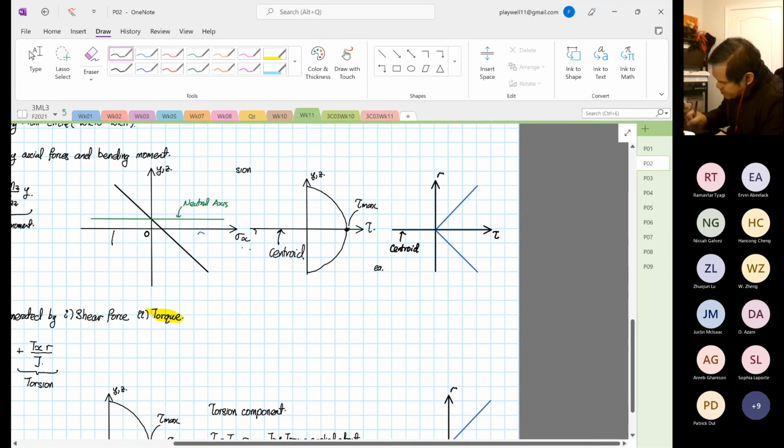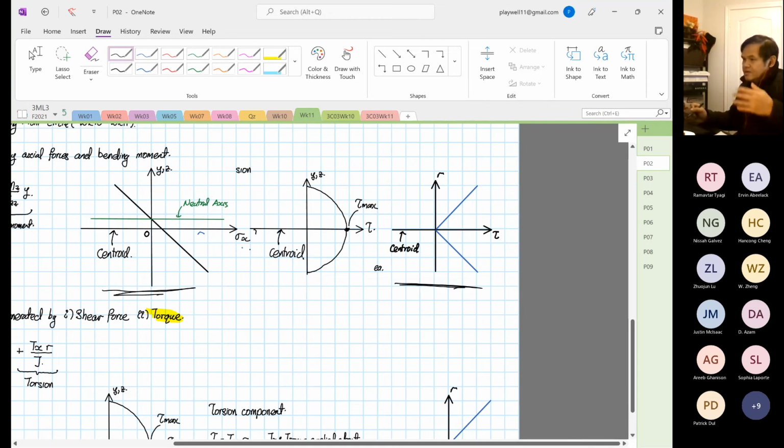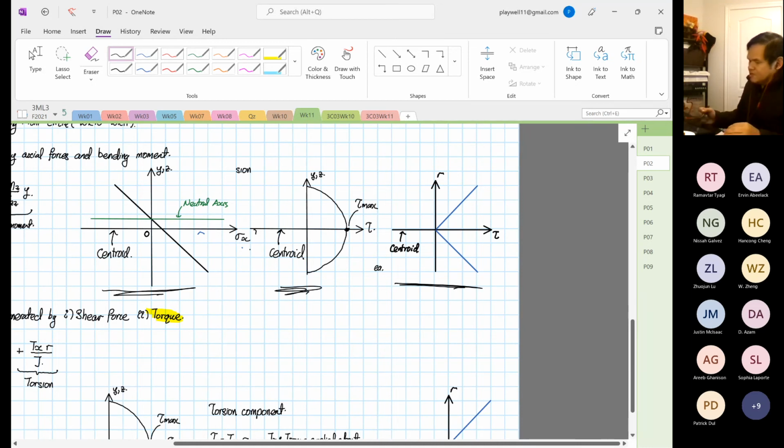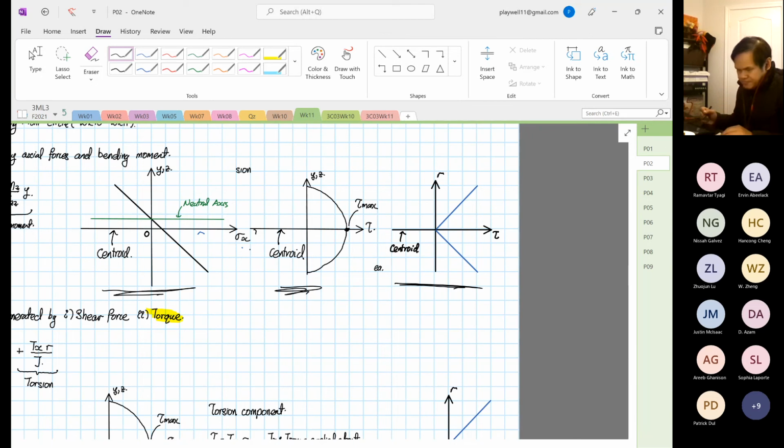The similarity is that the zero value is close to the centroid, the magnitude is the lowest. But if you look at the shear, the maximum is at the centroid. So it's not a problem, but it's a factor.